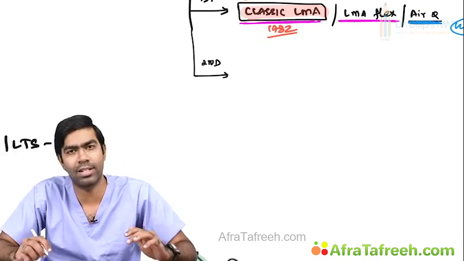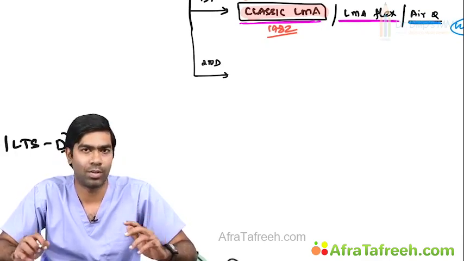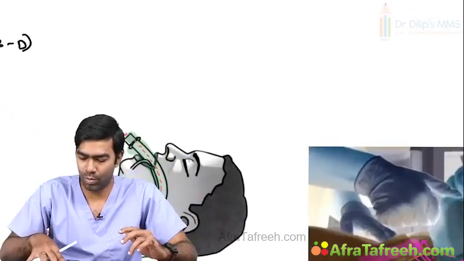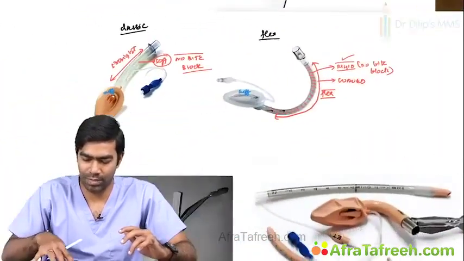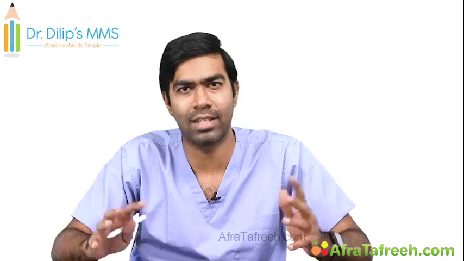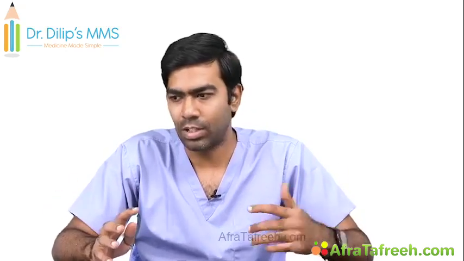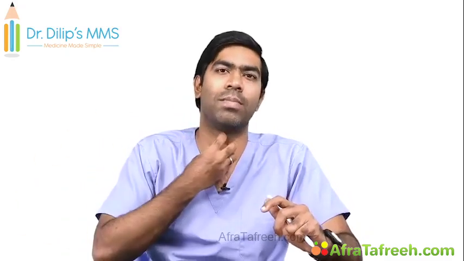Why do you need the second generation laryngeal mask airways if the first ones are very good? One problem that the first generation devices, the classic, flexible, AirQ, all of these, face is that gastric insufflation might happen. Whether cuffed or cuffless doesn't matter, if this mask expands towards the esophagus, actually the tip should just reach the esophagus, that's fine.